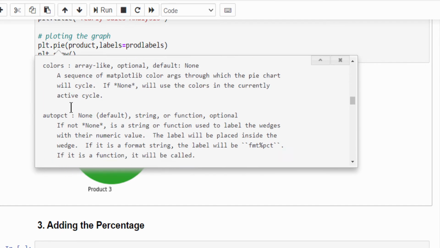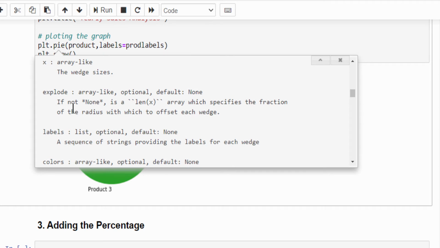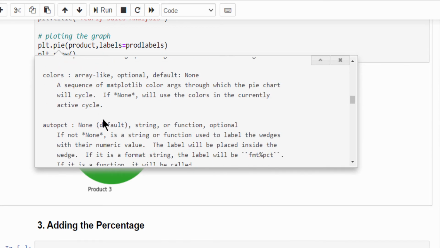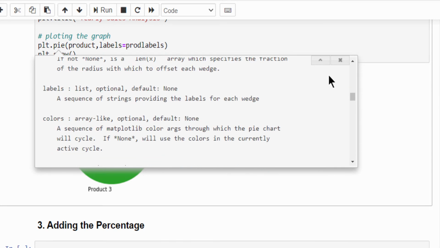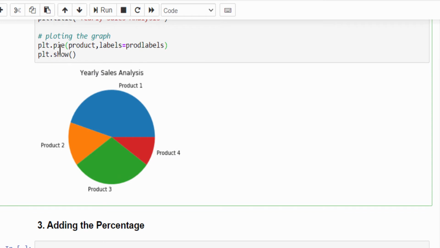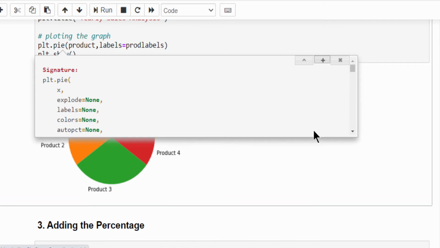So in this video I will be explaining some important parameters, but in future if you get any doubt, you can use shift tab to get this option.